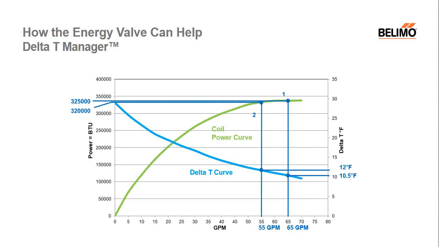So at 65 GPM, we're actually creating a low delta T scenario. What the delta T manager is going to do is modulate flow through that valve, bringing it back to approximately 55 GPM and producing 320,000 BTUs of power output. So we're serving the load in that space, but at a lower flow rate and optimizing the delta T closer to design. So what does that look like in terms of horsepower and overall energy?